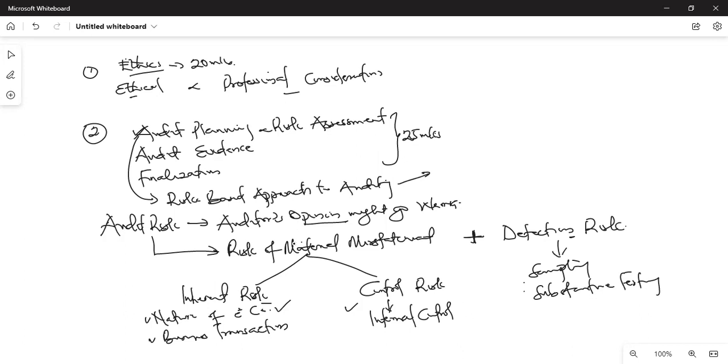As such, there is a relationship between the risk of material misstatement and the detection risk. If control is good for the company, the auditor doesn't need to do much substantive testing. But if control is weak, it is not able to spot the inherent risk and prevent it. That means the auditor has to expand his population sample and also increase his substantive testing. So that is the relationship between the two.